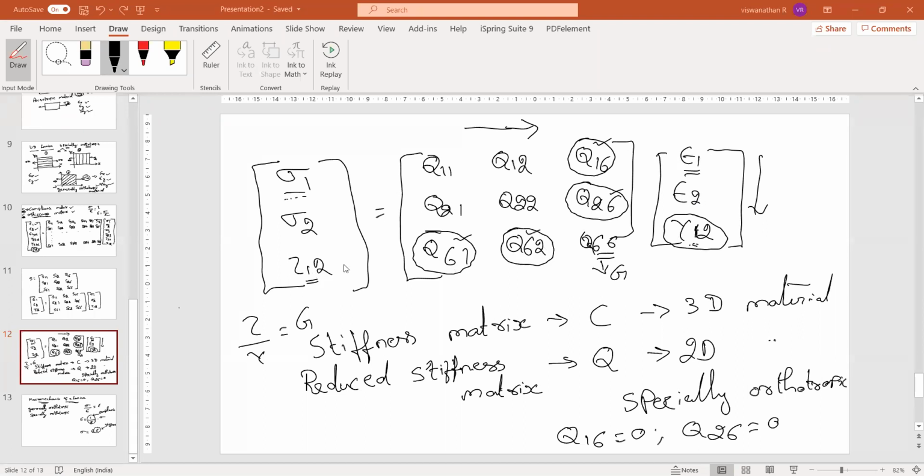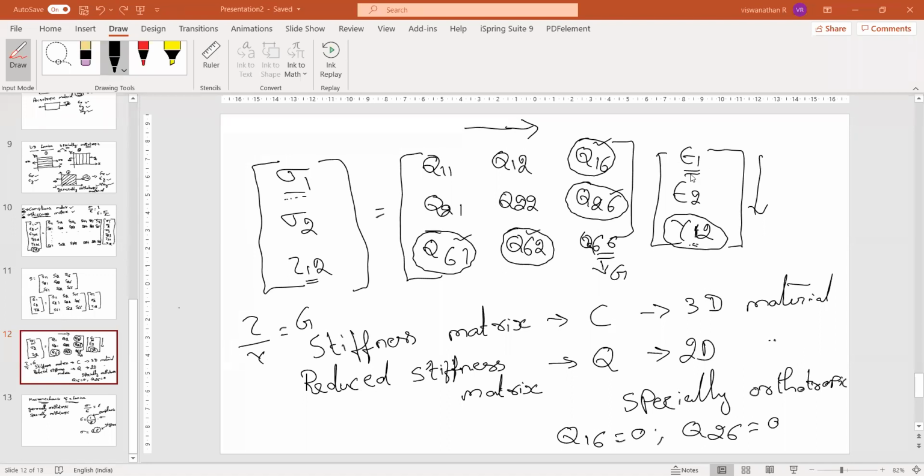If shear is applied parallel, you still have extensional strains as well, extending in some direction, and in the second direction also it extends, longitudinal and transverse.